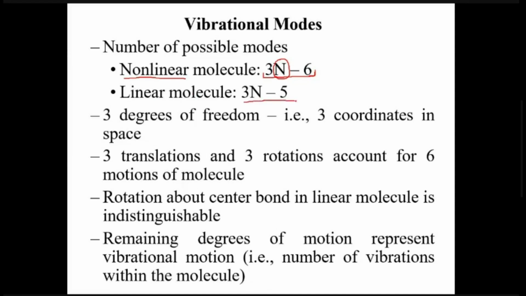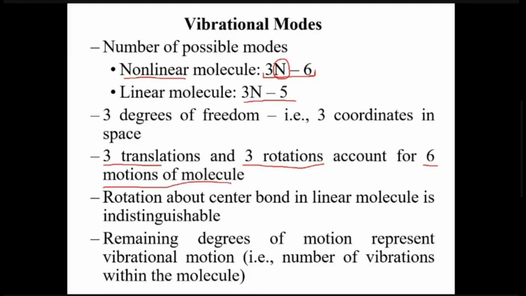Now, 3 degrees of freedom exist along 3 Cartesian coordinates. That's why we say that for any object there are 3 degrees of freedom along x, y, and z axis. Along each axis you can have 3 translational and 3 rotational motions, so it counts for 6 motions of the molecule.